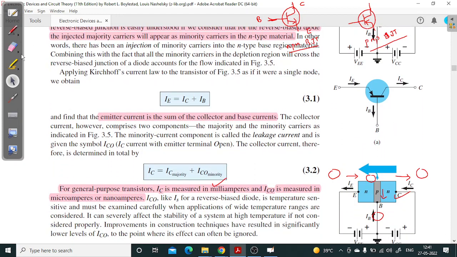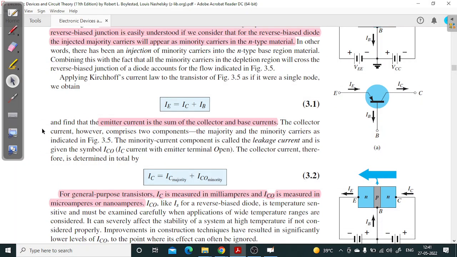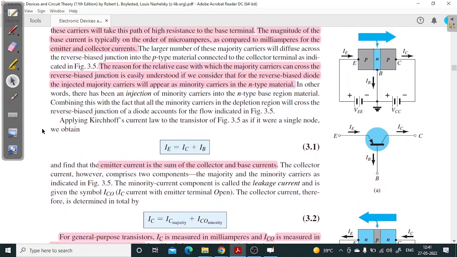One more thing, that is the collector current IC. Come to this figure, this one. The collector current IC was because of two factors.